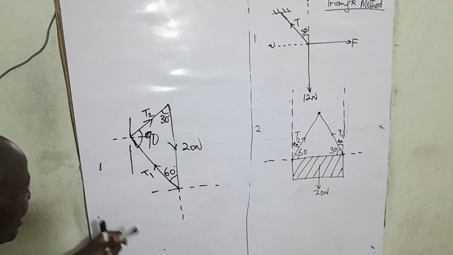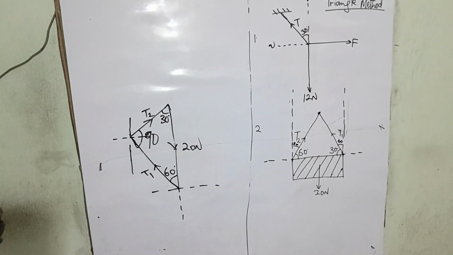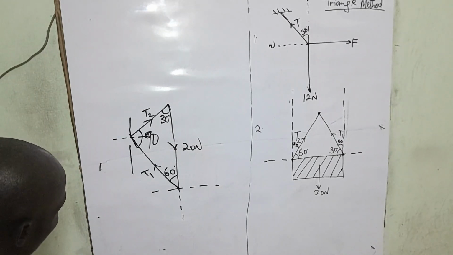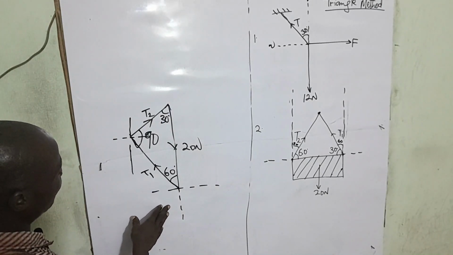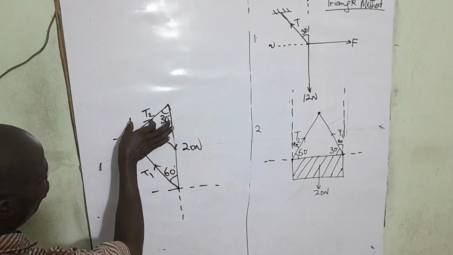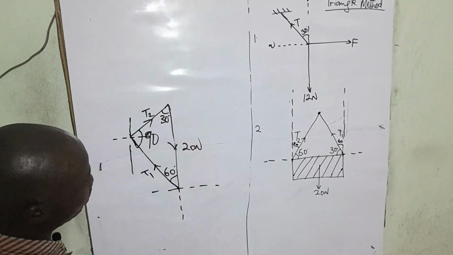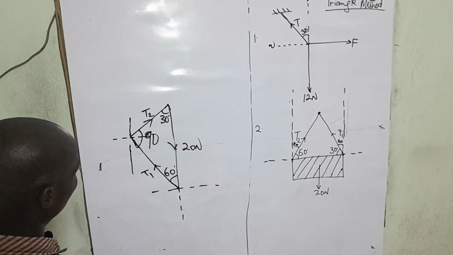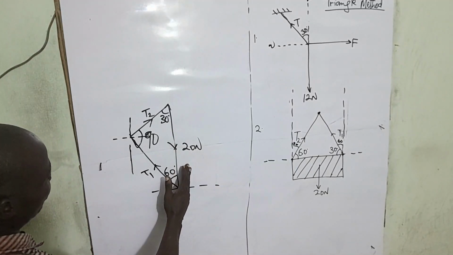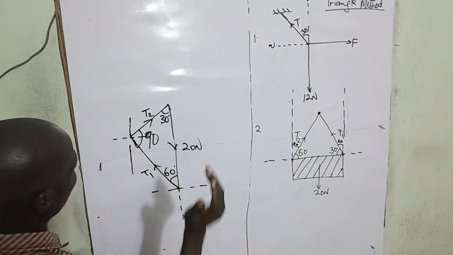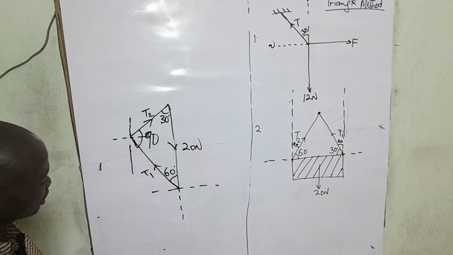From there, we can solve the problem using any of the trigonometric ratios. We can say opposite over hypotenuse, or adjacent over hypotenuse, since this is a right angle triangle.